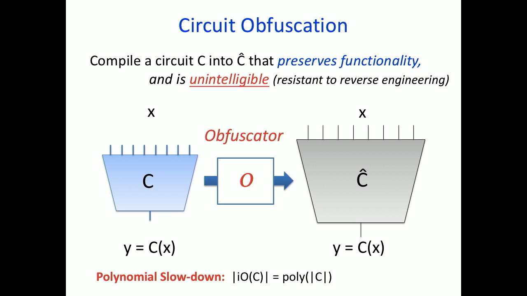Well, it's very intuitive, but it definitely lacks a definition, right? And in the literature, there have been multiple definitions formalizing different levels of security that capture this meaning of unintelligible. And what we're going to talk about today is really the weakest notion, called indistinguishability obfuscation, or IO.